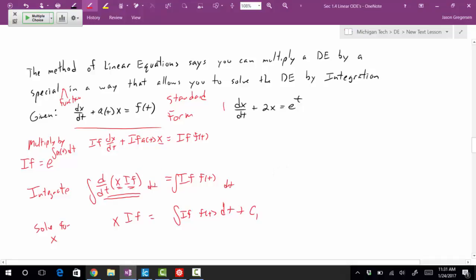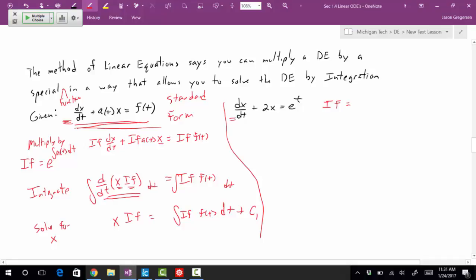All right, let's see this guy in action now. I got a differential equation. The first thing I'm going to do is find out what that integrating factor is. First, I got to make sure it's written in my standard form. Is this already written in standard form? It is, right? Standard form means I don't have any coefficient in front of that derivative term. There's nothing out front. That's true over here too.